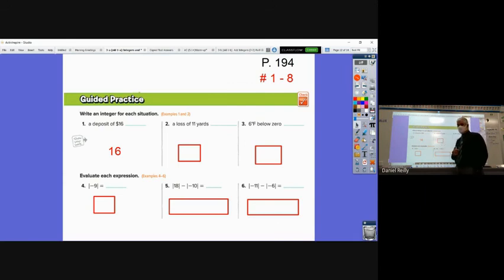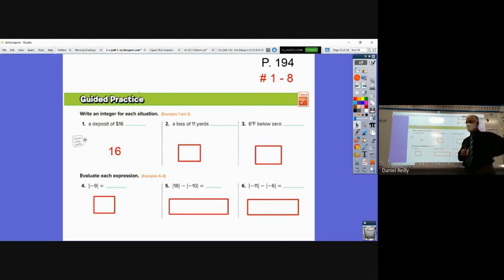A loss of 11 yards, is that negative? Raise your hand if a loss of 11 yards is negative. Can I see people raising their hands there? Oh, there they are. I can see it. Beautiful. Raise your hands, people. Raise them high. Digitally, raise your hands. Campbell has raised his hand. John Carlos, did you raise your hand?